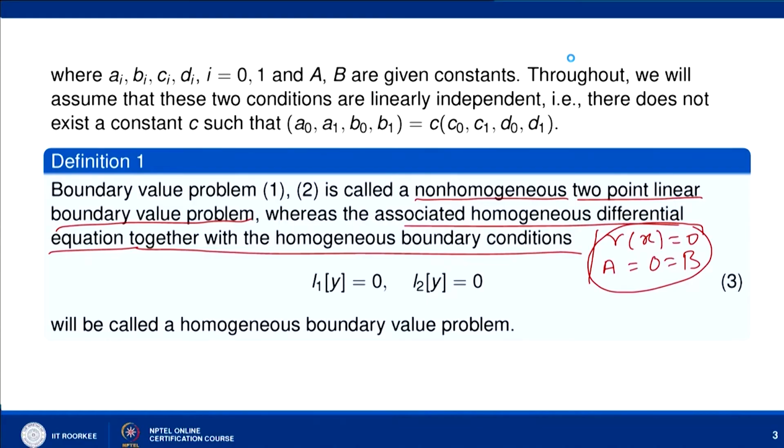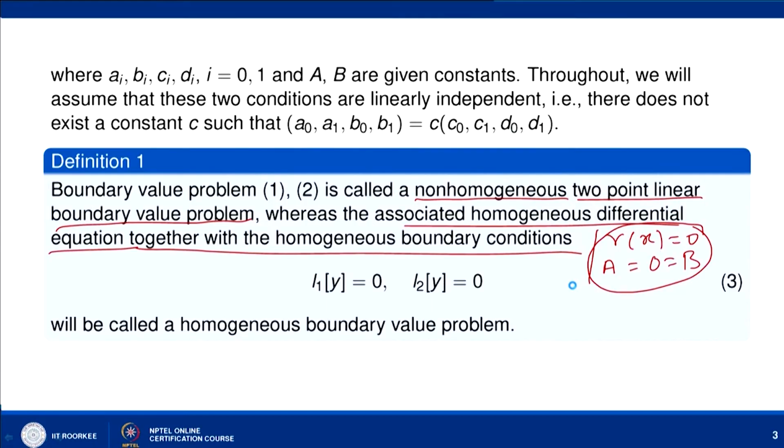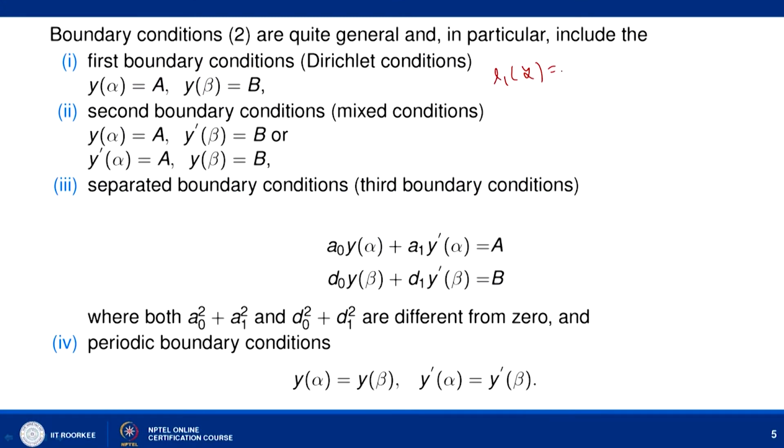We are simply taking A naught as 1, rest are all 0. So, the simplest form of L1y is that A naught is equal to 1 and the rest are all 0, so L1y is simply y only.